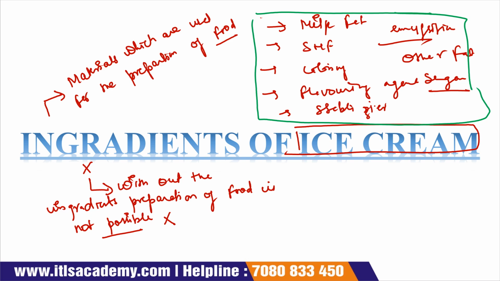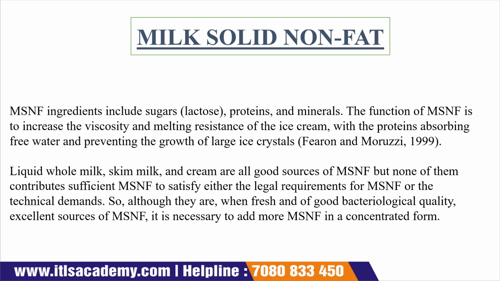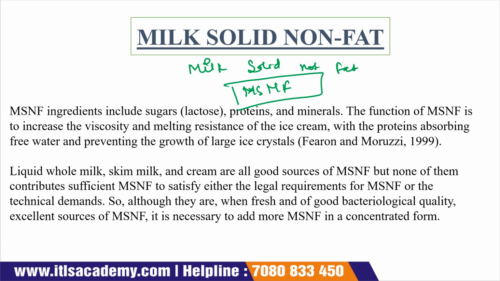So in today's lecture, we are going to discuss the different ingredients which are used for the manufacturing of ice cream. Now, the first one is milk solid non-fat, also called MSNF.